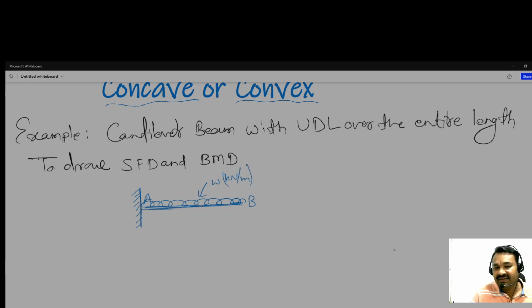This intensity can also be shown like that, with arrows showing the direction of the load. We have already discussed this.